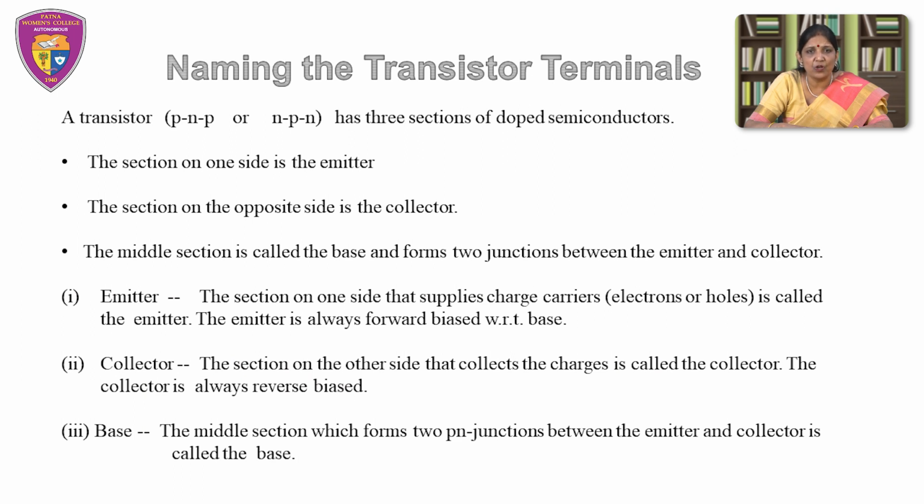Now the collector. The section on the other side that collects the charges is called the collector. The collector is always reverse biased. Its function is to remove charges from its junction with the base. The collector, that is P-type of PNP transistor, has a reverse bias and receives hole charges that flow in the output circuit.